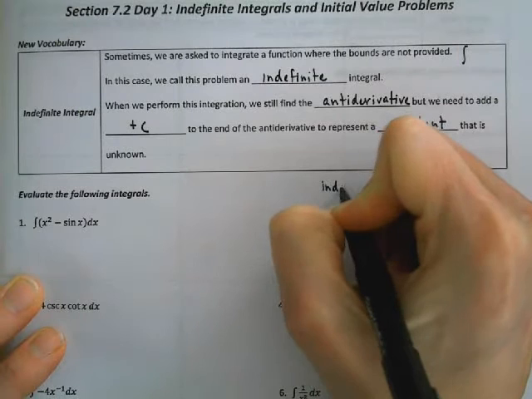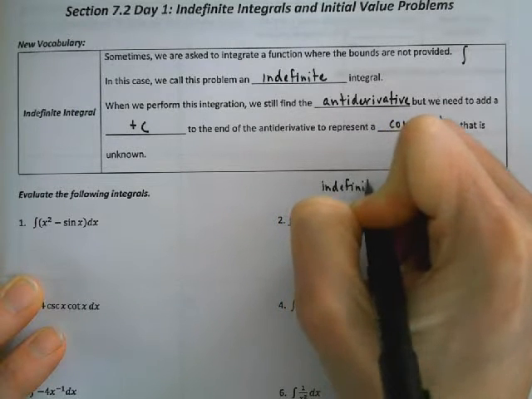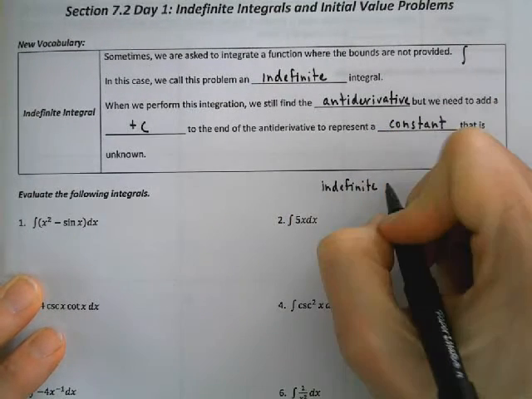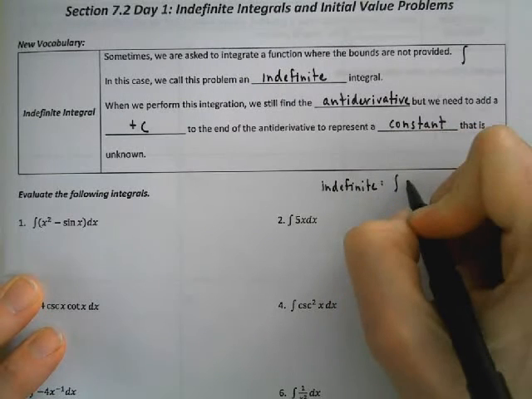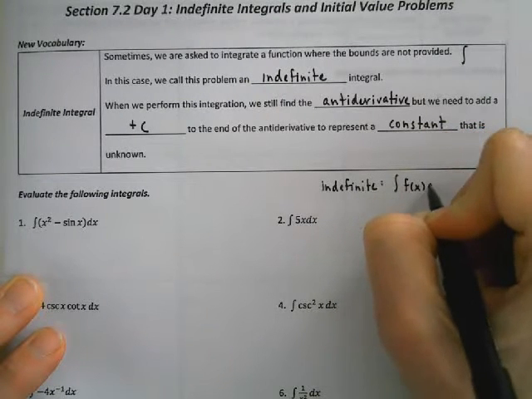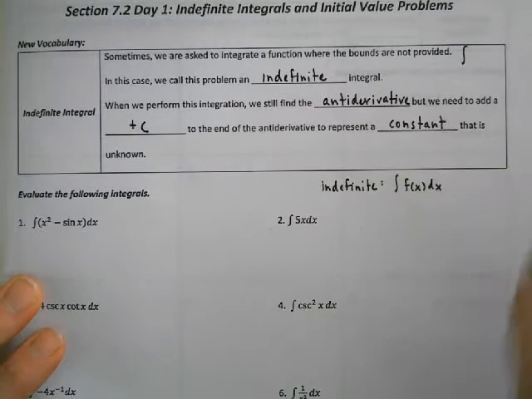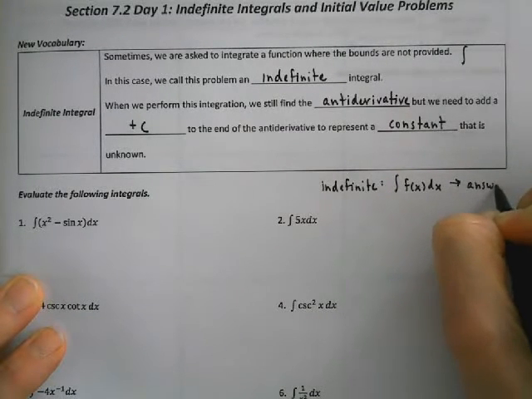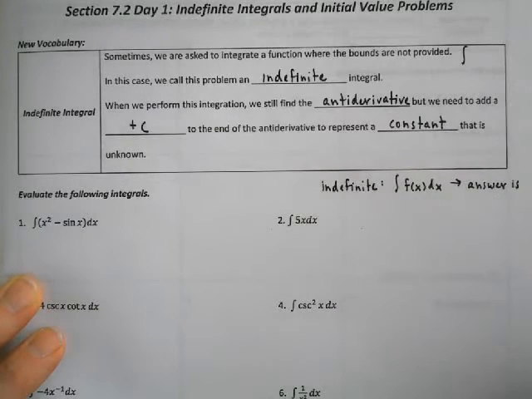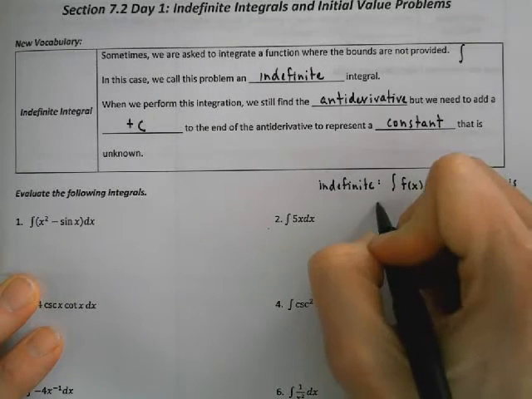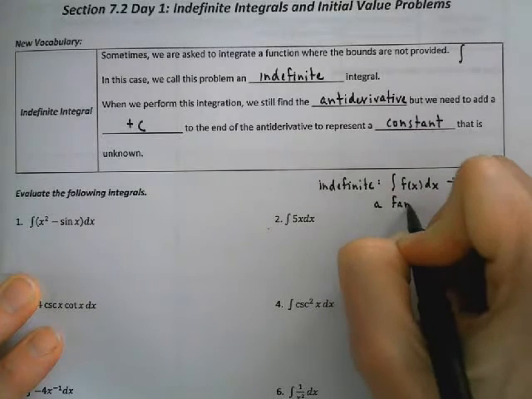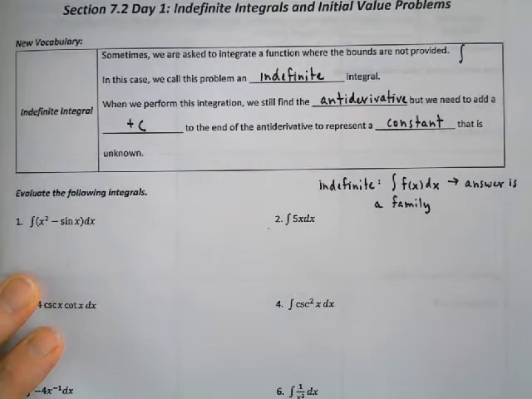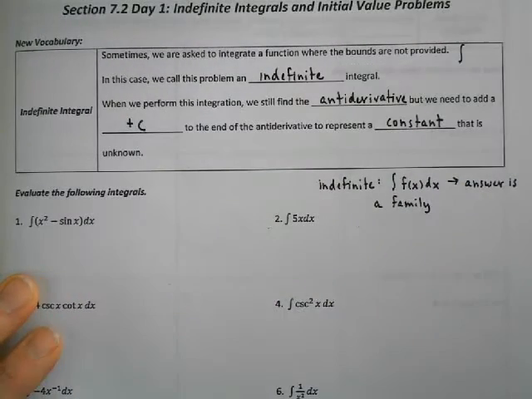Really quickly, I want to make a note here. What we're talking about today is indefinite integrals. They're going to look like this: integral of f of x dx, with no bounds. And I want us to understand that the answer to this is a family of functions. That plus c means we have a whole family of functions for our antiderivative.